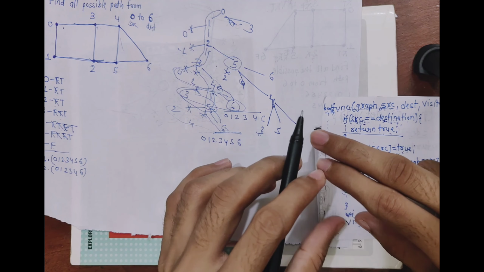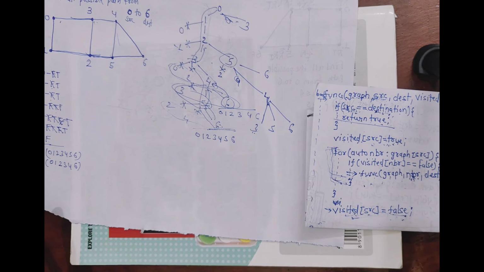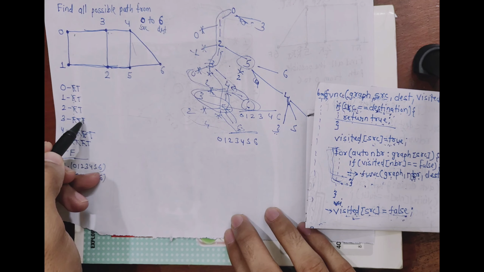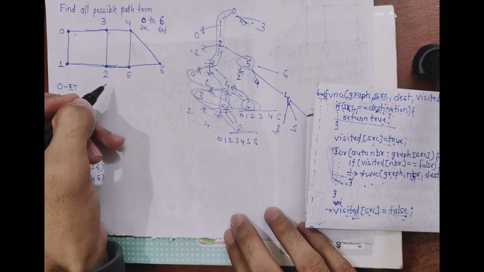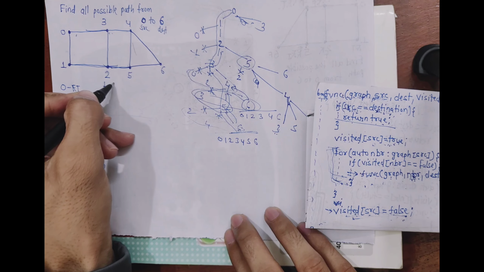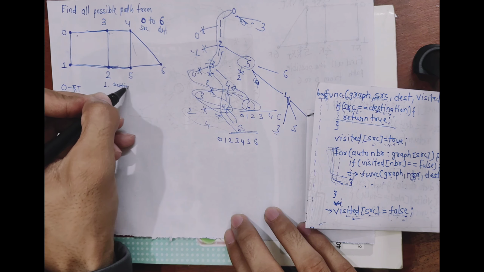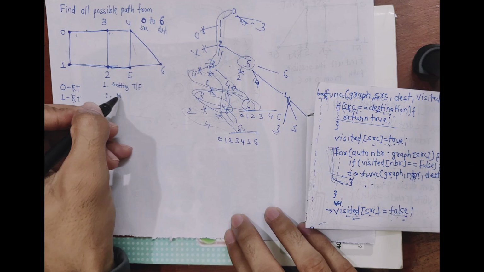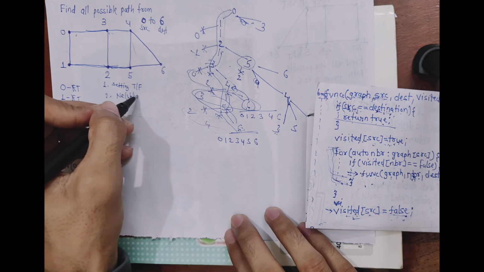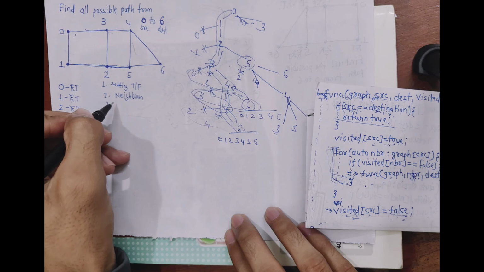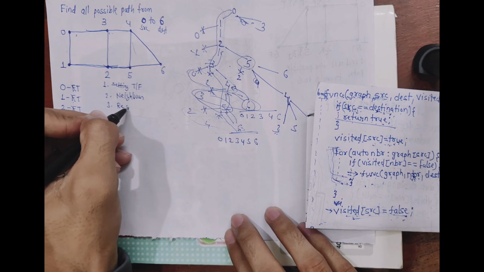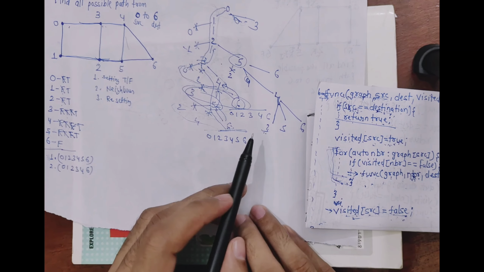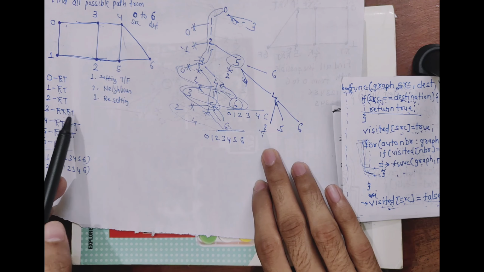So first we have to set 3 as true. So what we are doing is first we are setting true, then checking neighbors, then again resetting to false. So we are at 3, we have to set 3 as true. We have done this.